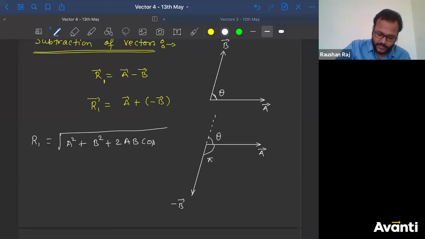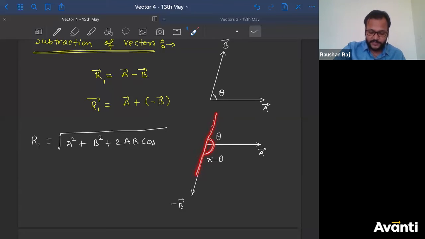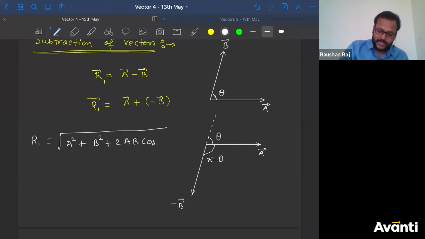I can write this as pi minus theta, not 90 minus theta. Arav, how will it be 90 minus theta? It will be 180 minus theta because the total angle is 180 at this point. If this is theta, this will be 180 minus theta. Correct? So the angle between A and minus B is nothing but pi minus theta. So I'll put the value pi minus theta. And what is cos of pi minus theta?